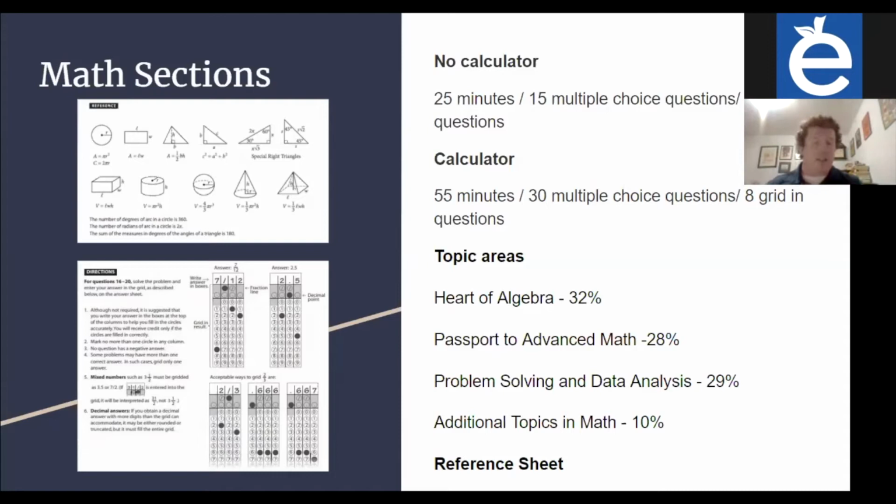A little less than a third is Passport to Advanced Math. That's a step up, but it's still algebra. Now you're going to see exponents, square roots, and the quadratic formula come up a lot. Then getting to problem solving and data analysis, this is where it shifts into the more real-world application sphere of mathematics. This comes up a lot in the calculator portion, where you'll need to be able to calculate things like mean, median, and mode, and look at a set of data and interpret it.